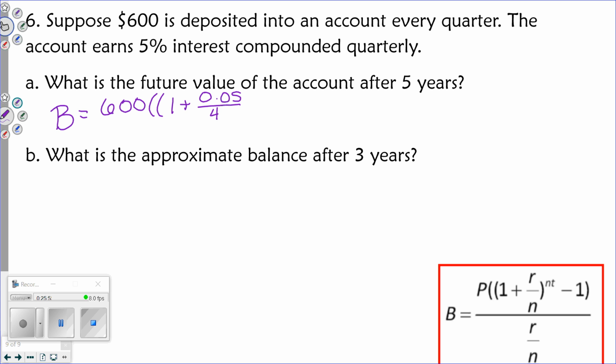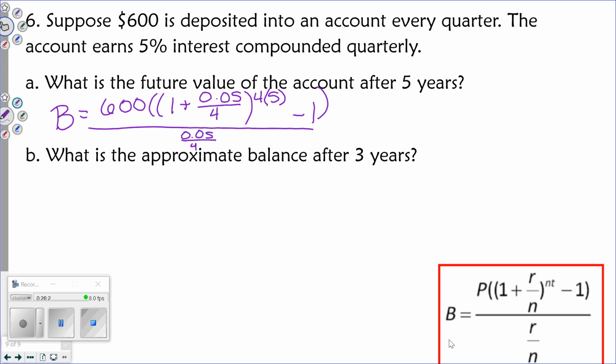Good. And we're doing this for 5 years. All right. So once you get that giant formula, let's type it in. See what we get. It's a little nerve-wracking until you get comfortable with all your parentheses.